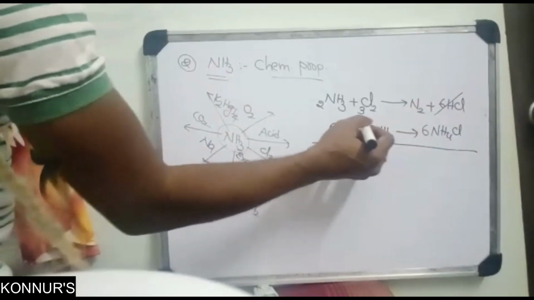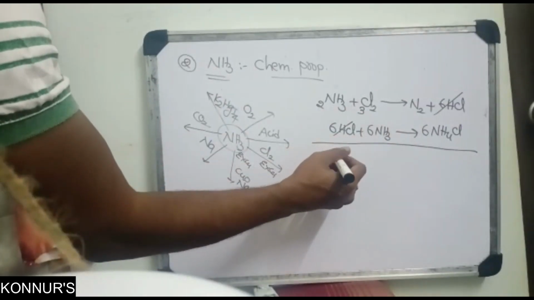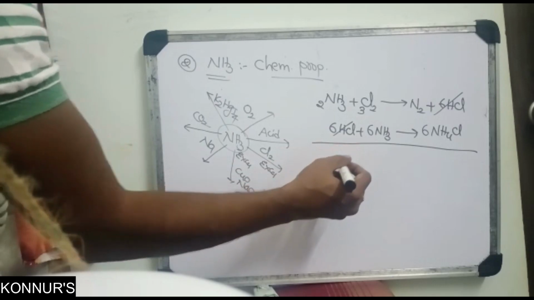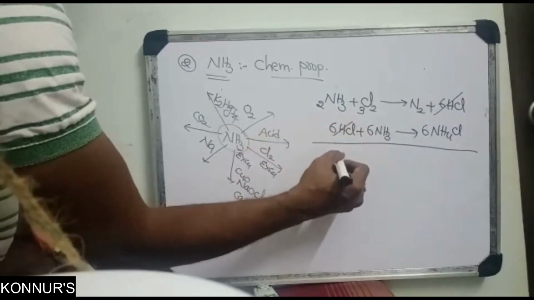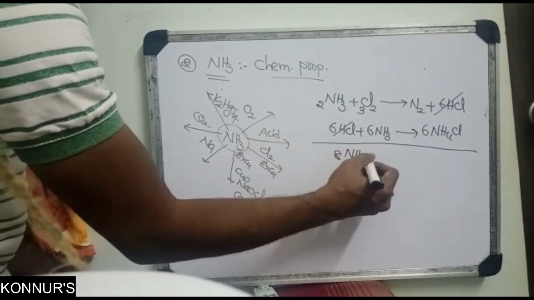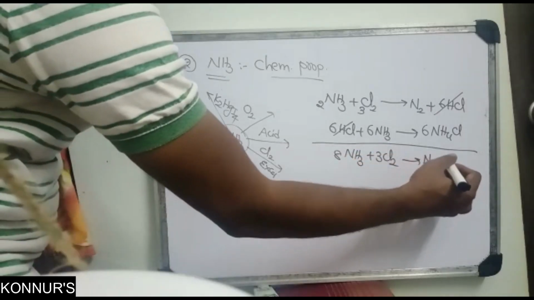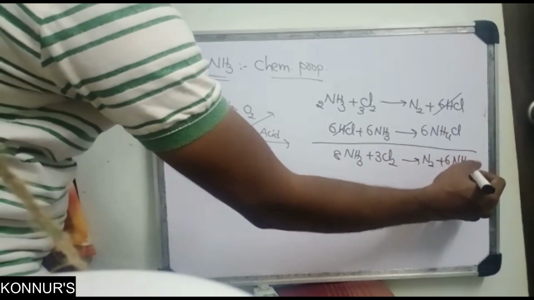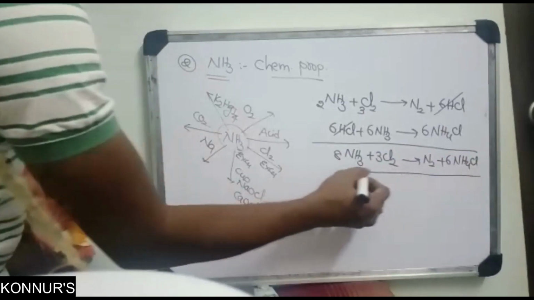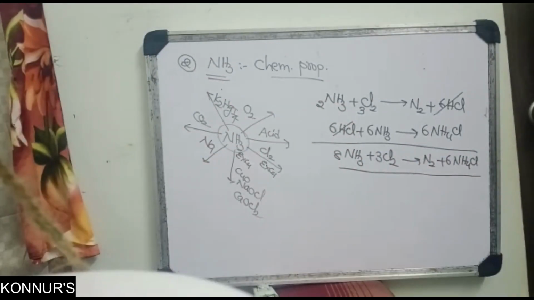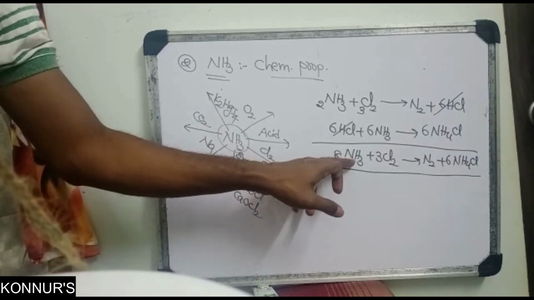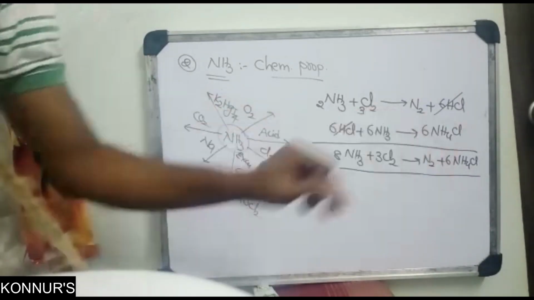So 6HCl, 6HCl is cancelled. So you are getting 8 ammonia plus 3Cl2 gives rise to N2 plus 6 NH4Cl. So when ammonia is in excess, your answer is N2 is getting formed.